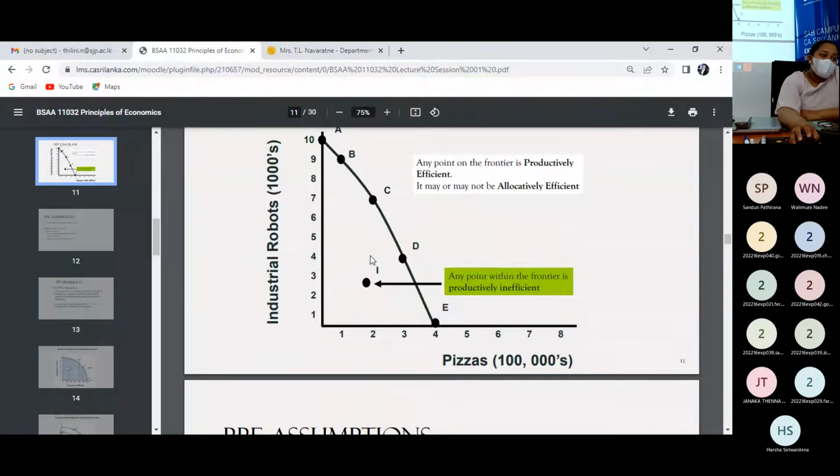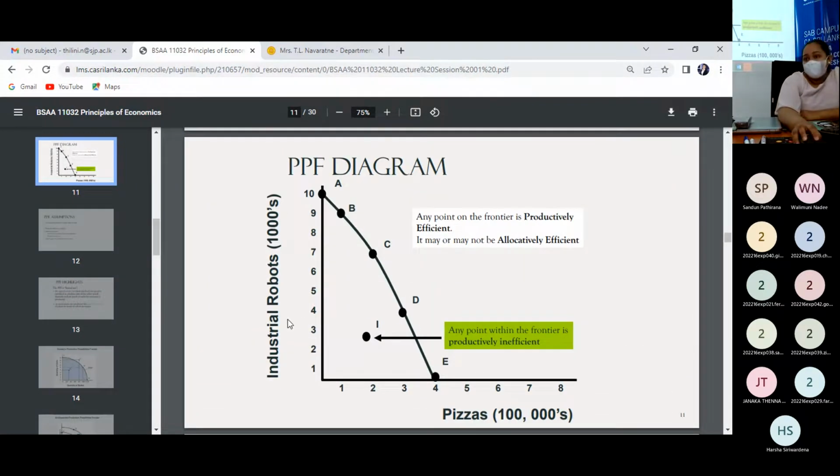So now in this case, pizzas and robots. One consumption good, one capital good. So this production possibility curve will have points. How are you going to interpret it? At point A, we wish to produce 0 pizzas versus 10,000 robots, since it's in thousands. At the E extreme, we opt to produce 0 robots and so 400,000 pizzas.